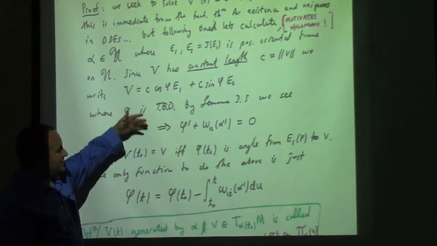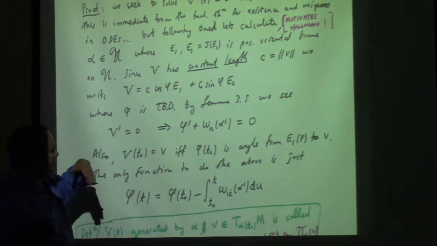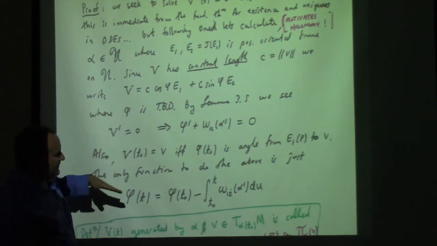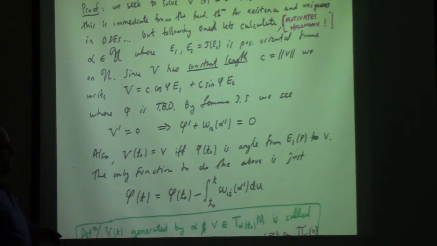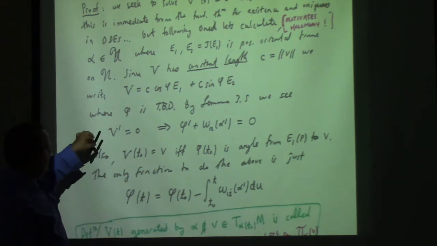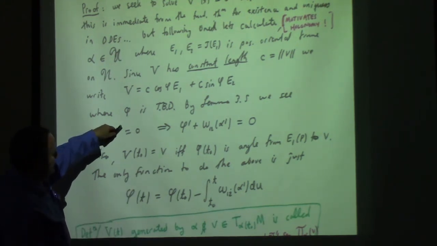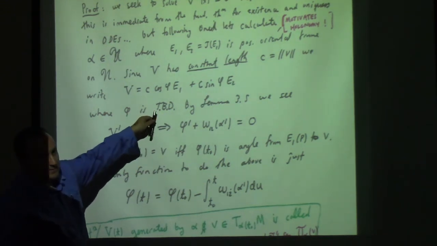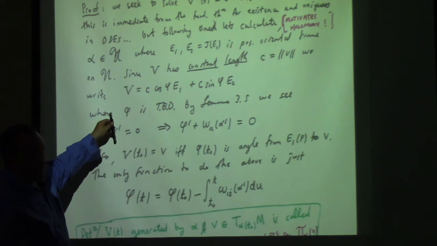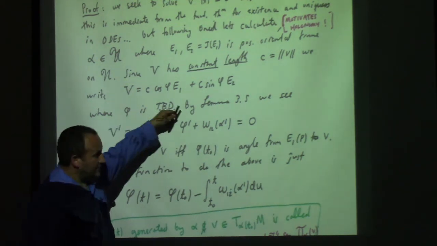And then you evolve the angle according to this formula in order to parallel transport the initial vector v into this vector field V. So the point is here we're given an initial vector and then we've got some curve, and this tells us how to choose the angle to move that vector in such a way that it's always parallel, in the sense that V prime, the covariant derivative of the vector field that you're creating, is 0 along the curve.